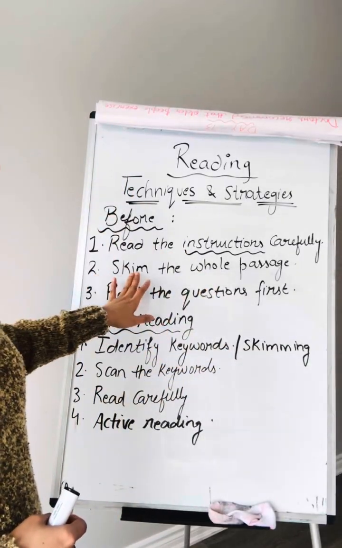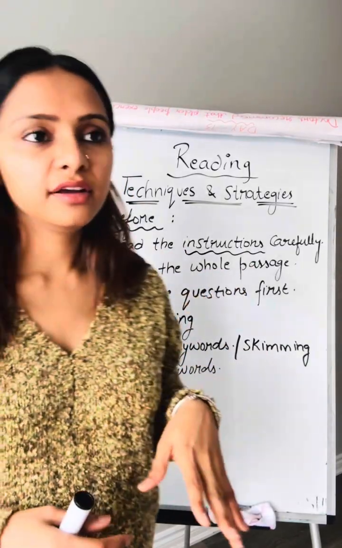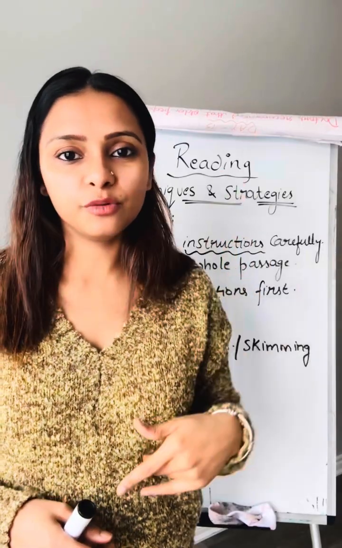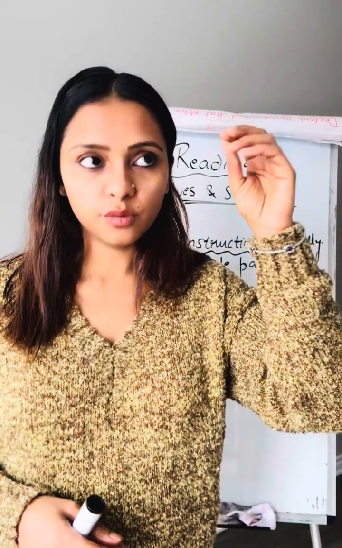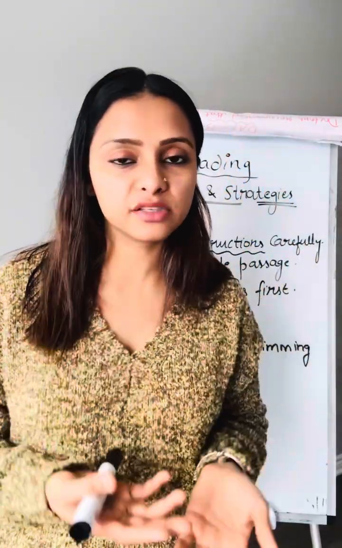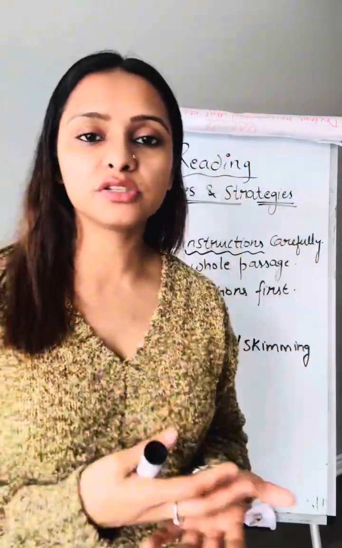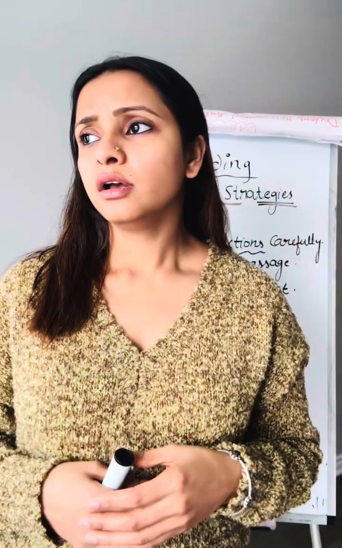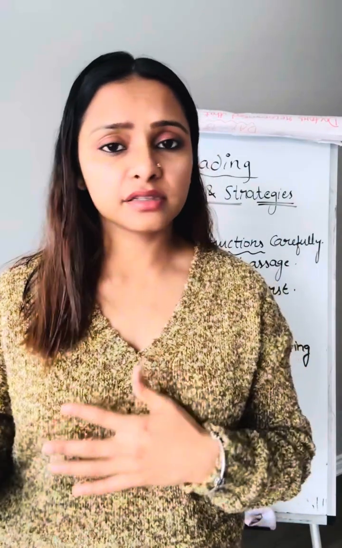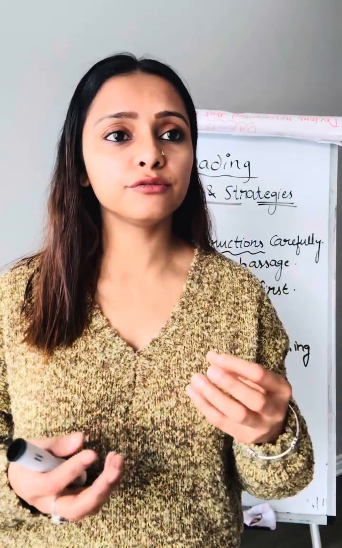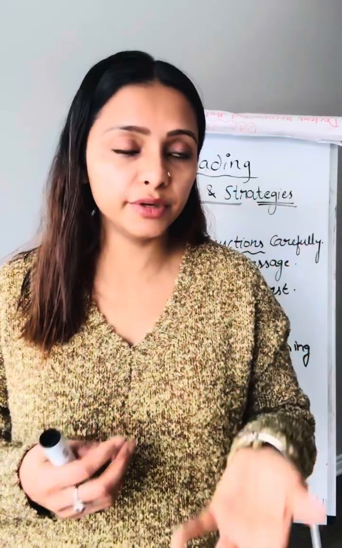Second thing, skim the whole passage. Now skimming does not mean reading the whole passage. Skimming means just looking at the title of the passage, what the topic is all about, whether it is on technology, history, fashion, science, medicine. You need to first of all know what you're going to read about.